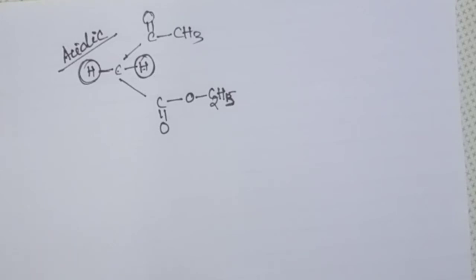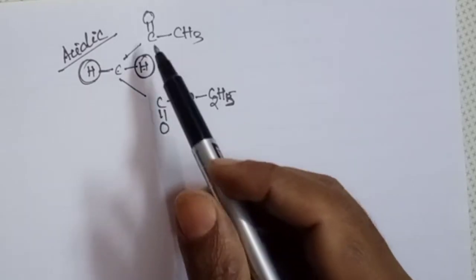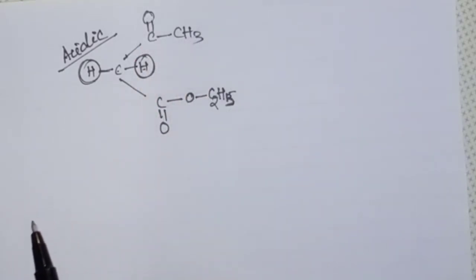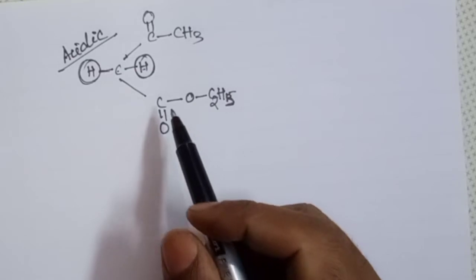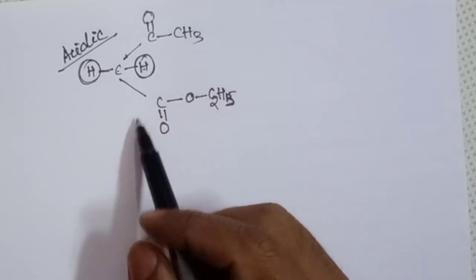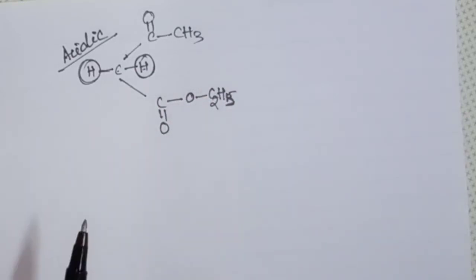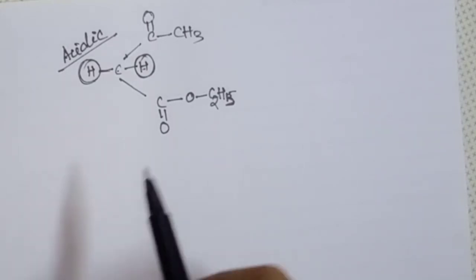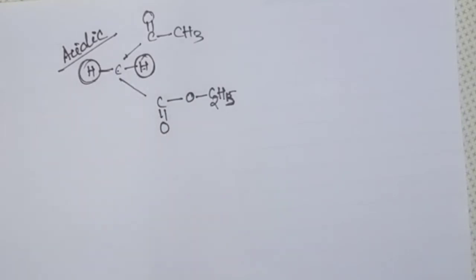These are highly acidic in nature, which can exist only if there are electron withdrawing groups. Since C double bonded O CH3 is an electron withdrawing group, and similarly the ester linkage here is also a highly active electron withdrawing group, the resultant methylene group will be highly acidic.